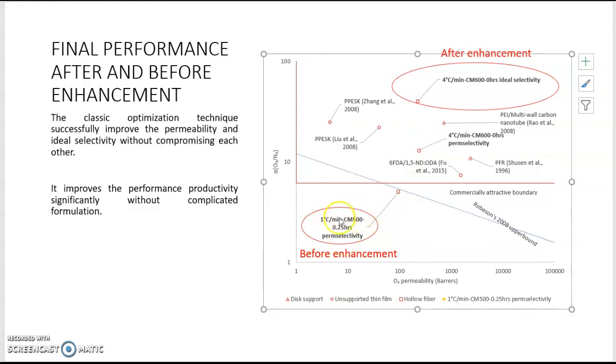And this is where we started as a carbon membrane: a pyrolysis temperature of 500 degrees Celsius, 15 minutes of thermal soak time, and 1 degree per minute. So when we optimize using the classic technique and map on the Robinson upper bound, we can see there is a significant increase, and we don't have to add any secondary materials onto the carbon membrane.